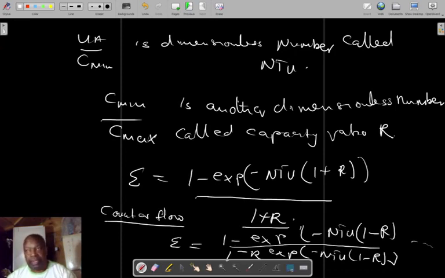So we have looked at the LMTD method and the NTU method.